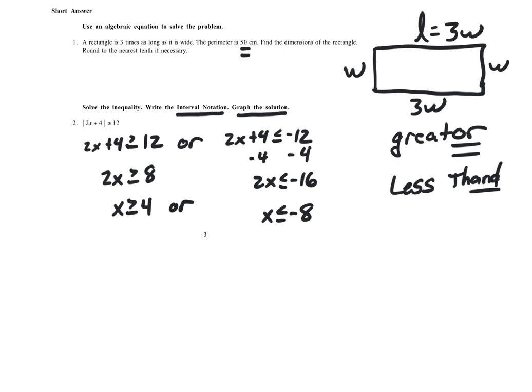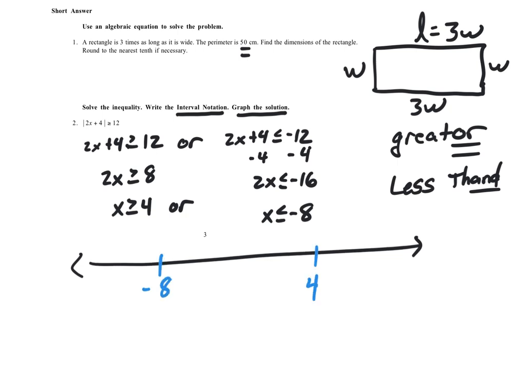X is greater than or equal to 4. X is less than or equal to negative 8. Greater than or equal to 4 is going to be a bracket because it's equal to, and it's going to be shaded to the right.